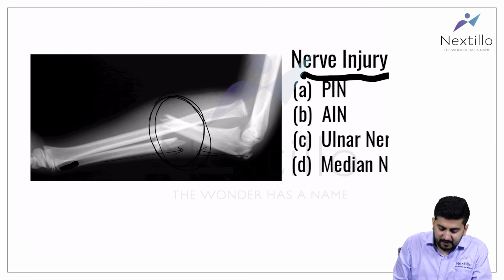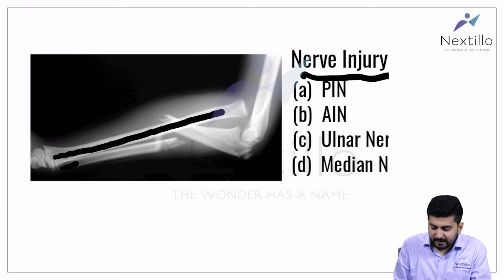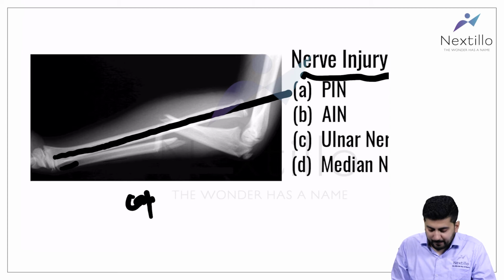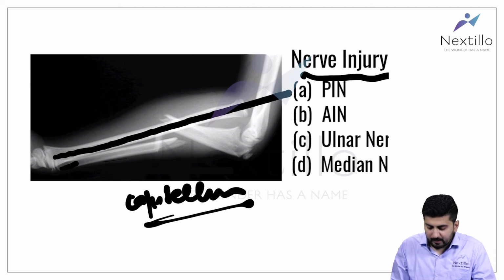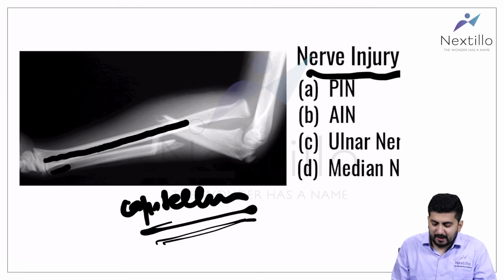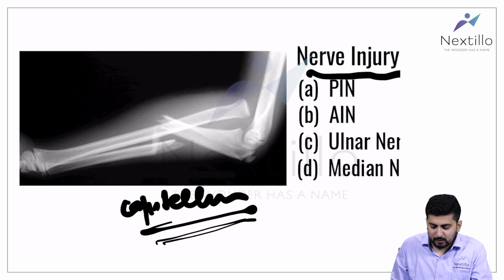Now, if you see the radial head here, as we have discussed in our lectures, a line passing through the radius should pass through the capitulum. Now, if that does not happen, that means the radial head is not in its normal position and there is dislocation of the radial head.